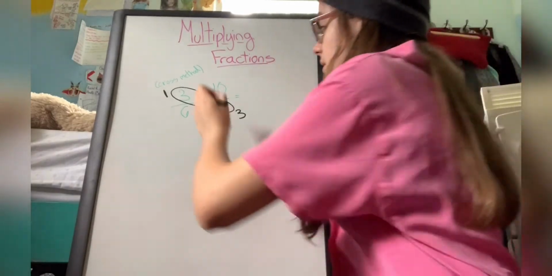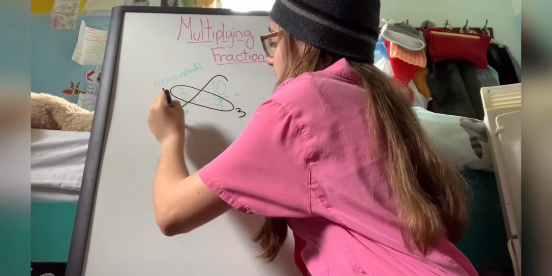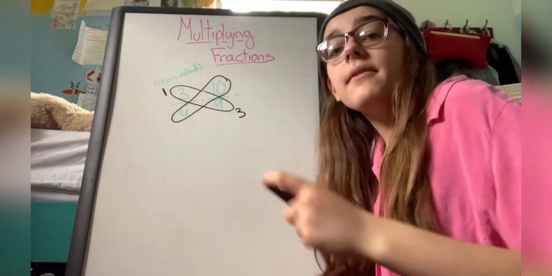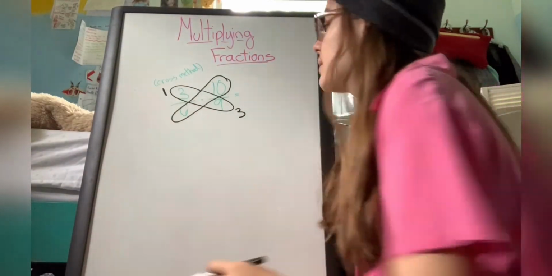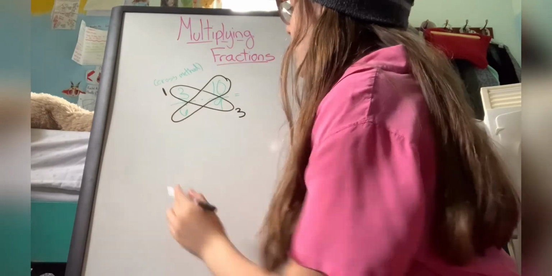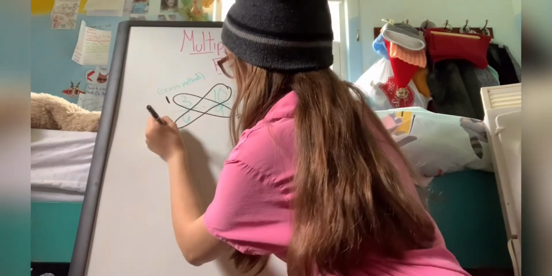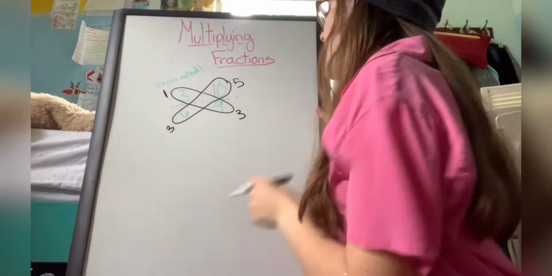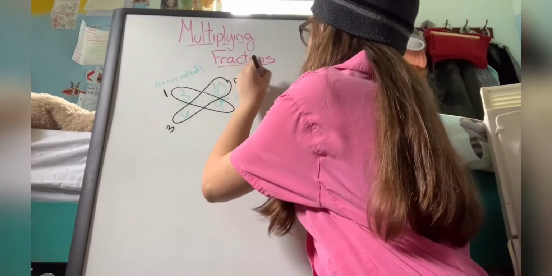6 over 10 you can also simplify, but I know you're saying 6 doesn't go into 10. However, 2 goes into both 6 and 10, and 2 goes into 6 3 times, and 10 5 times. So if we multiply, then we get 5 over 9.